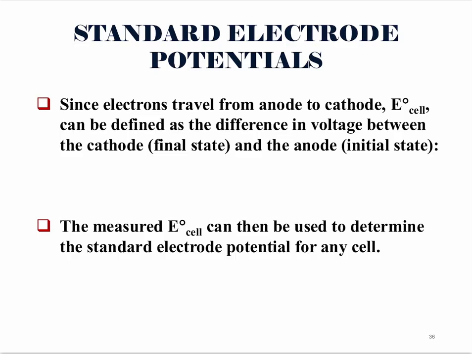The difference in voltage is always between the initial and final state, and our standard cell potential is defined as the potential of our cathode minus that of the anode, because our electrons flow from the anode to the cathode. So our cathode is the final state for our electrons.